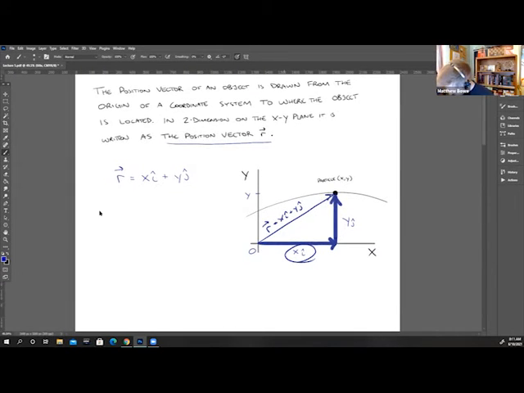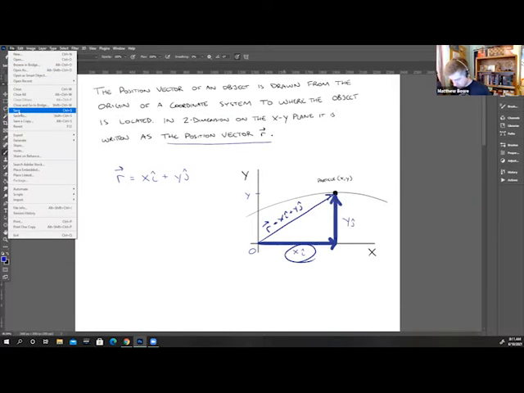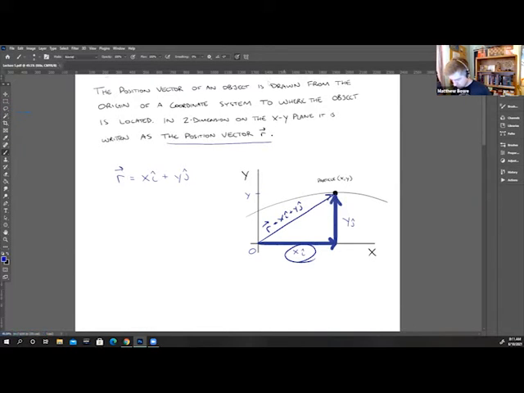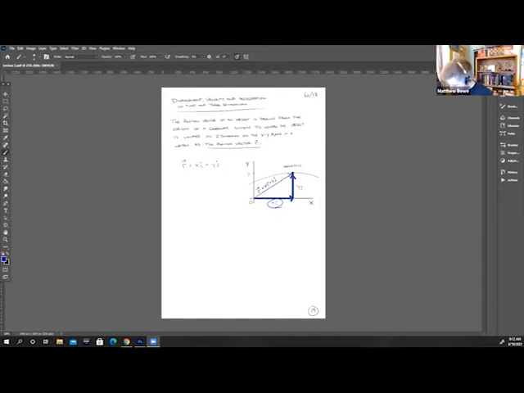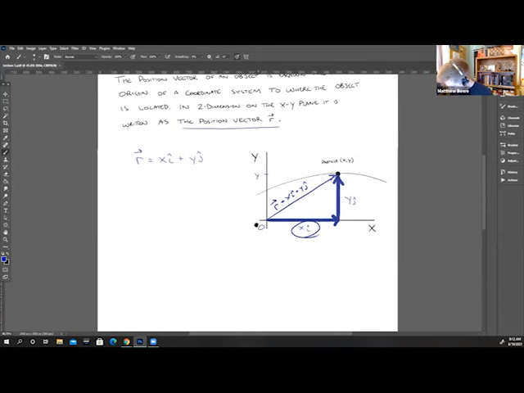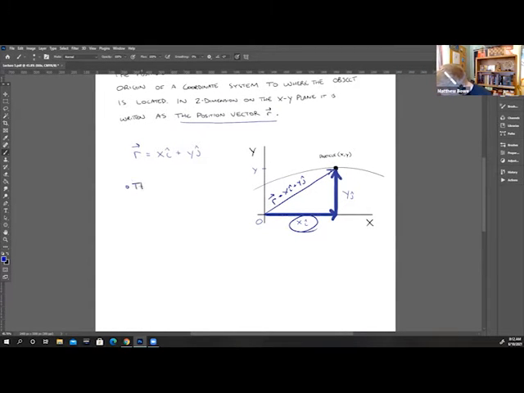This being said, there are different position vectors. This follows the same mindset.